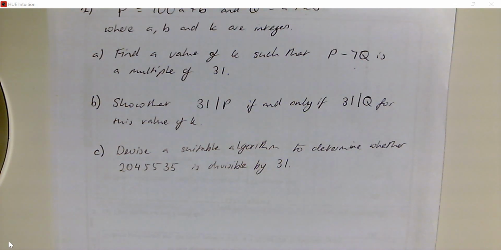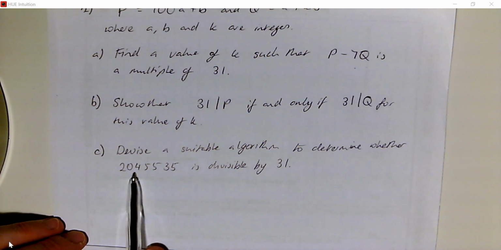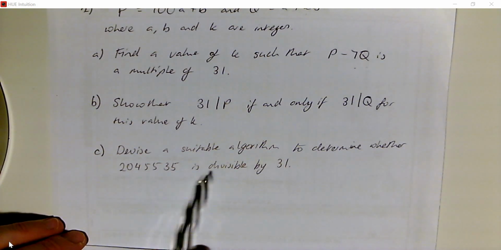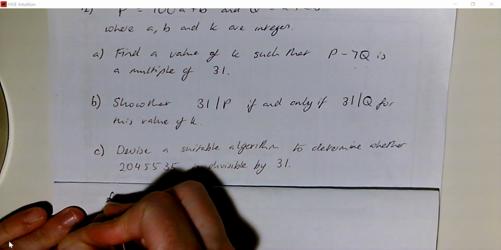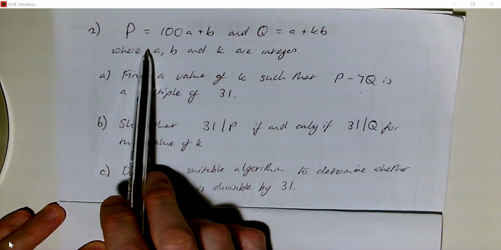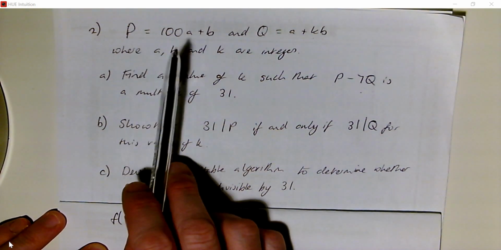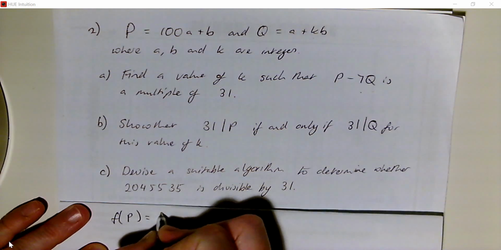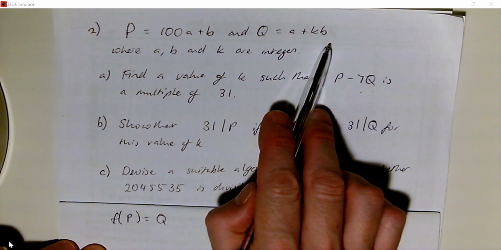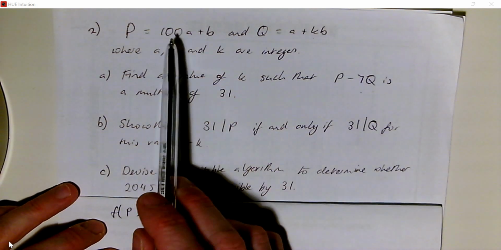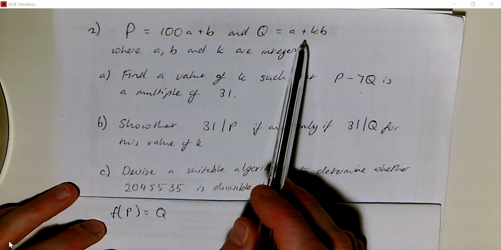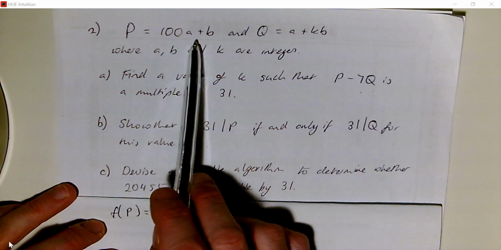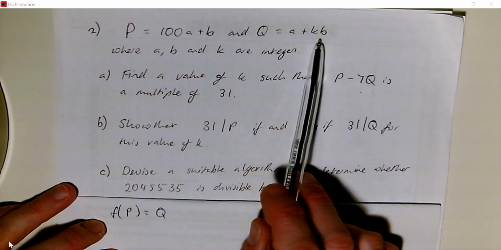So now devise a suitable algorithm to determine whether 2,045,535 is divisible by 31. Okay, so we always do the easy thing, which has a power of 10 in it. So f of P is equal to Q. If we have a number in this format and we turn it into a number in that format, then if 31 divides this one, then 31 must divide that one.